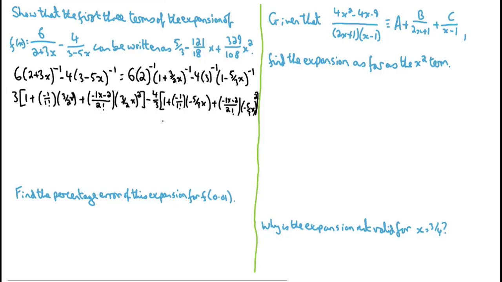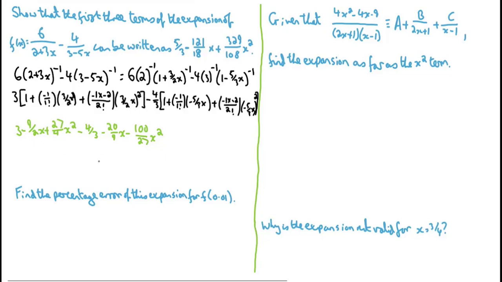From this point, if we were just to expand these out in terms of each individual square brackets first and then combine them together, 3 times all of this should leave you with 3 minus 9 over 2x plus 27 over 4x squared. And then minus this bracket, we should end up with minus 4 over 3 minus 20 over 9x minus 100 over 27x squared.